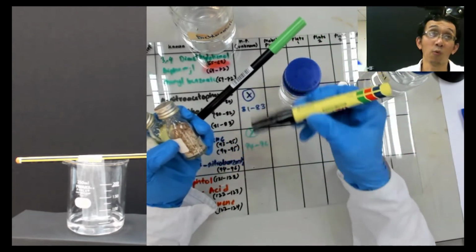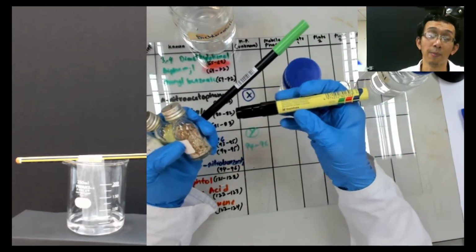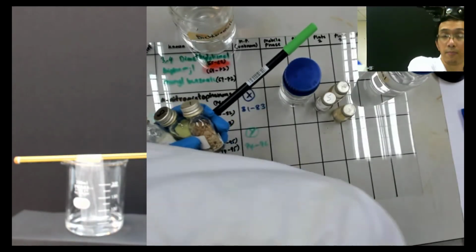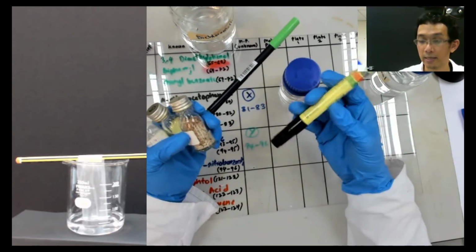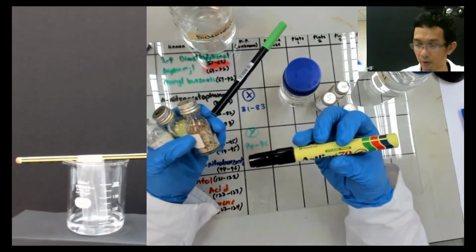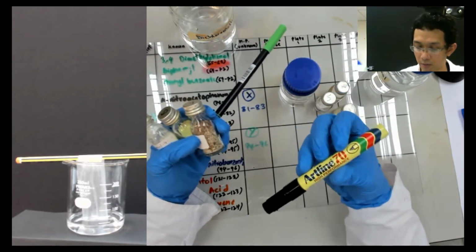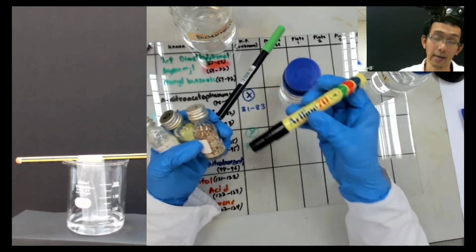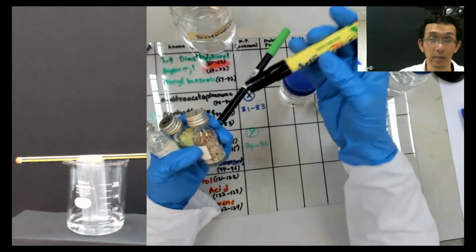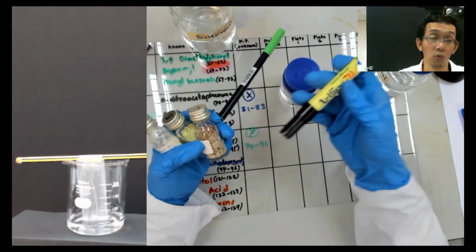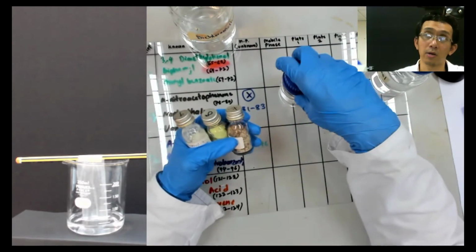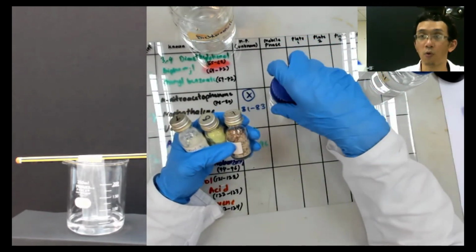But if you have a permanent marker like this, I put a dot there, and if I use water, it cannot move, because this is normally non-polar. Because water cannot dissolve this, we can say it's more or less towards non-polar.